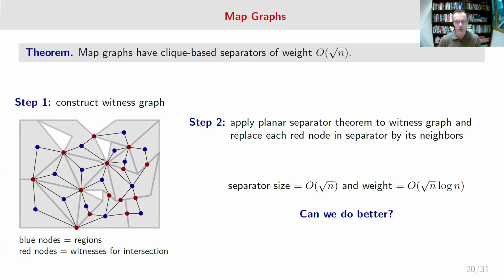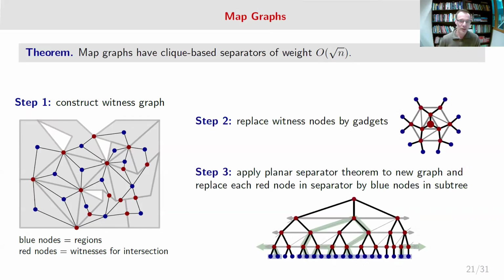I get a separator of square root of n cliques, and the weight of a clique is never more than log n, so the weight is square root of n times log n. Can we do better? Yes, there's a nice trick where you replace each of these witness nodes by this little gadget. It used to be a star centered at this node, and now I have some planar gadget here.